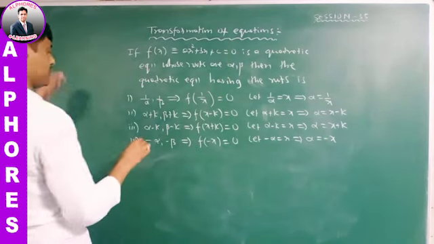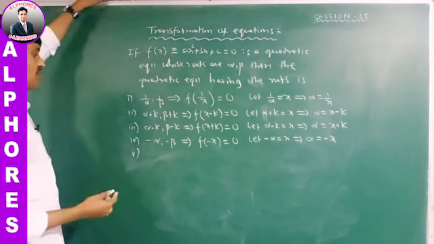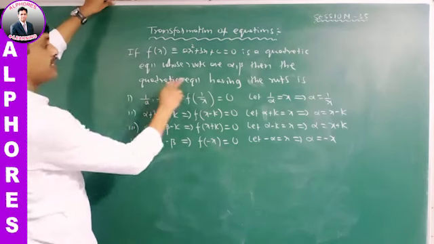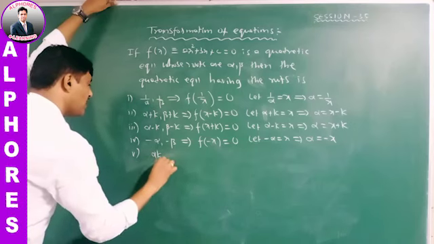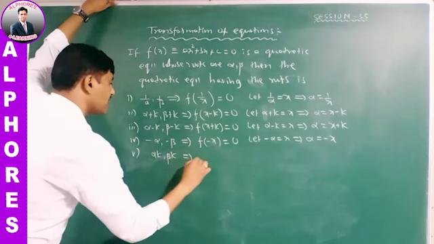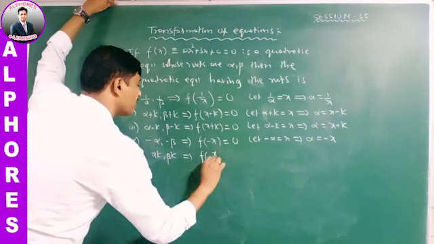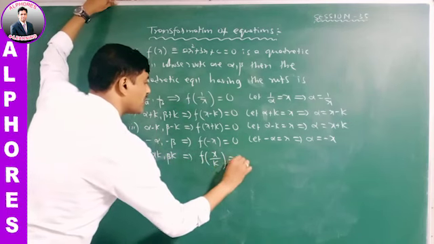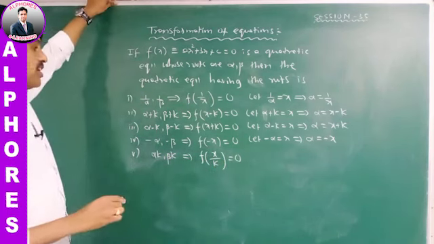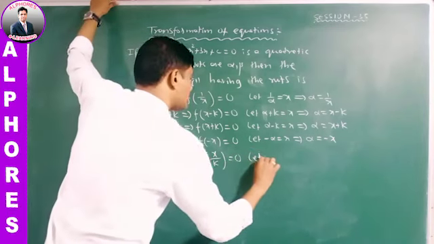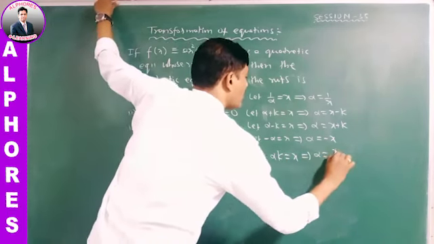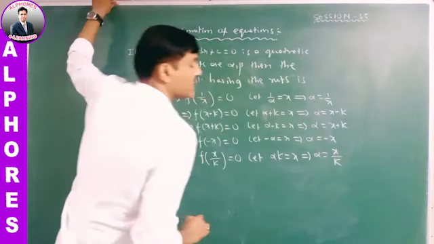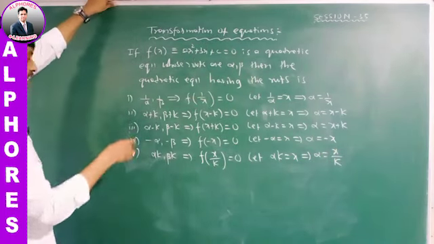Minus x. Fifth one, whose roots are multiplied by k, that is nothing but what? Alpha k, beta k. In this case, our transformed equation will become f of x by k is equal to 0. How, sir? Let alpha k is equal to x, this implies alpha is equal to what? x by k. These are transformed equations.